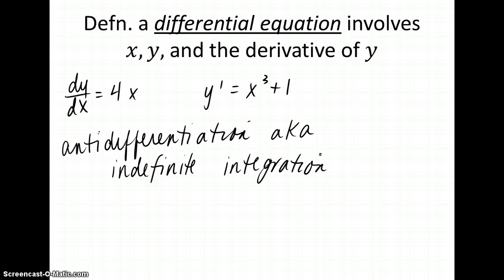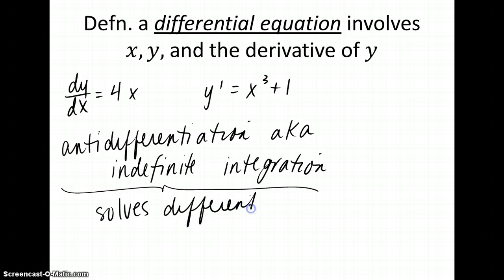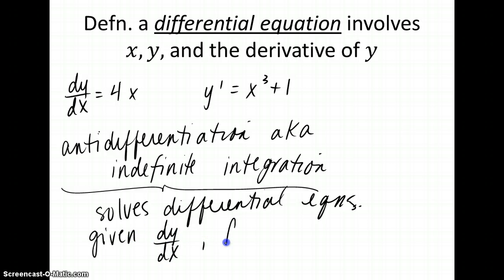What does this process do? This process, antidifferentiation, solves differential equations. So you'll be given the derivative and you want to find the function that has that given derivative.